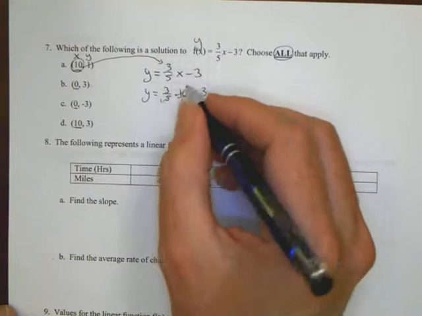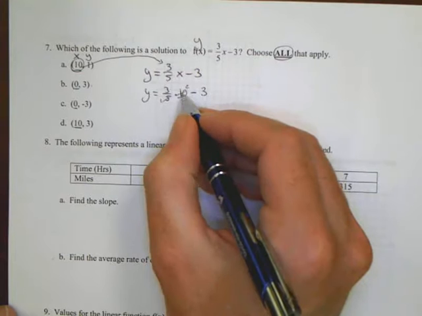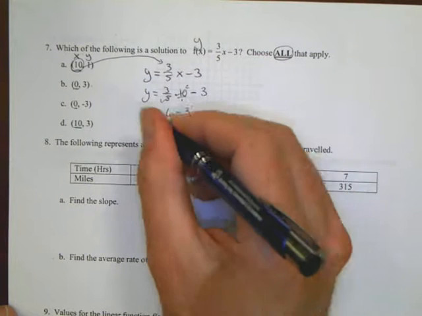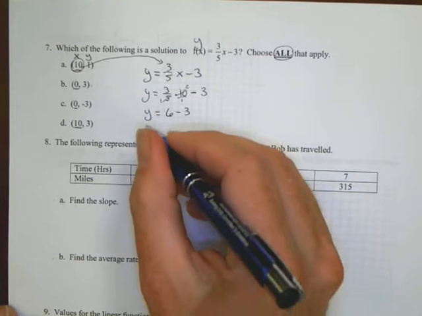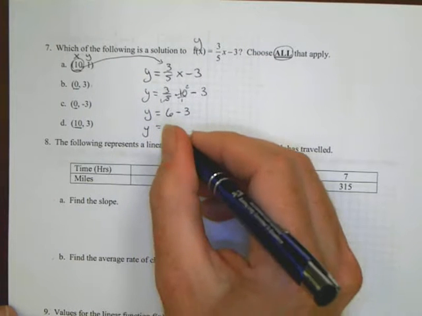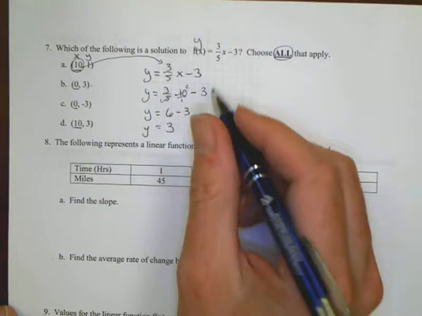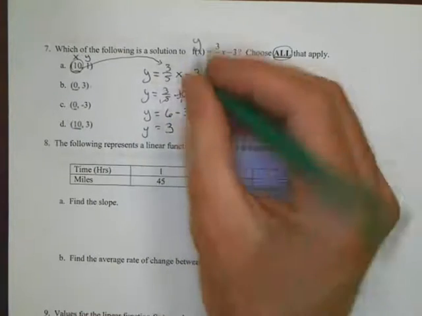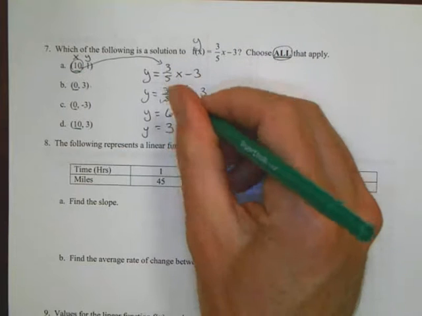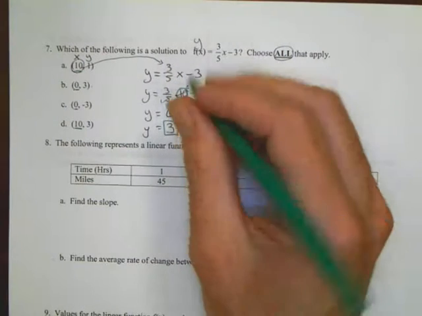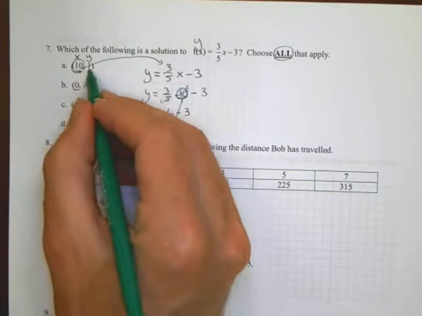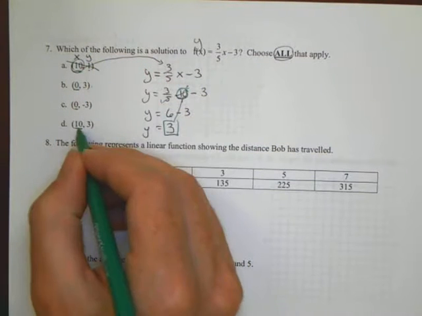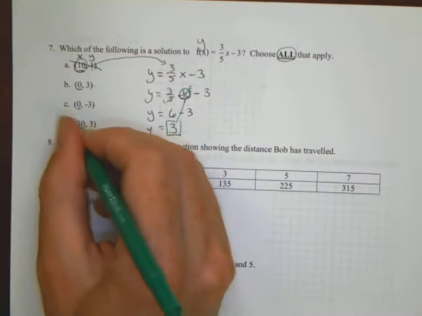If I wanted to multiply it out, I could have 30 over 5. Either way, I end up with 6 minus 3 on this side. So y equals 6 minus 3, which, last time I checked, happened to be 3. So when x equals 10, y is 3. That one with the 1 is not going to be okay, but 10, 3 was going to be okay.